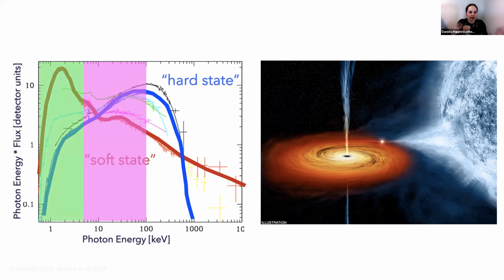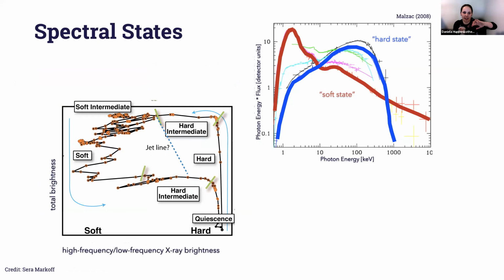And so one thing you might see from this, if you integrate up all the emission in a given spectrum in the purple part here at high energies, and then you divide it by the integral of the emission at low energies, you get very different numbers out, depending on whether your source is in the soft state where the soft emission dominates, or in the hard state where this high energy emission dominates. And what you find is that a lot of these sources have a shared behavior, which you see here on the left.